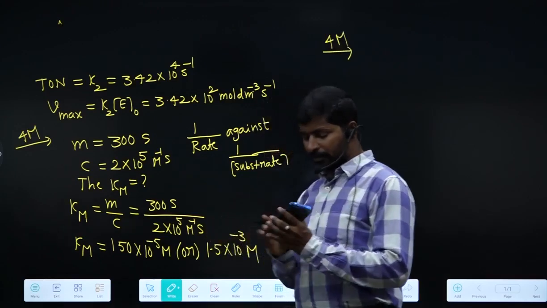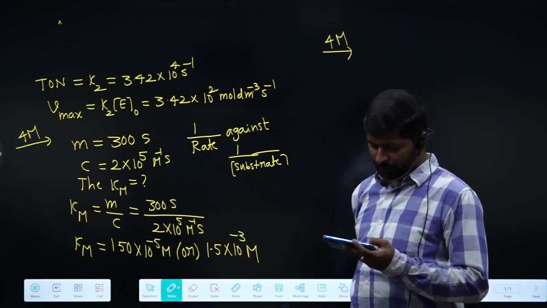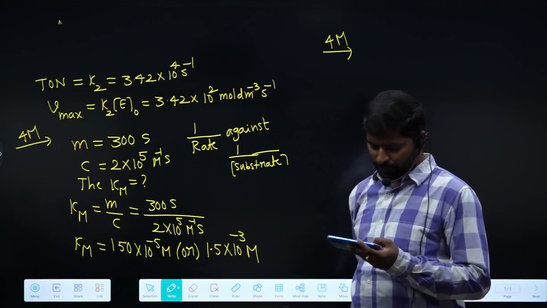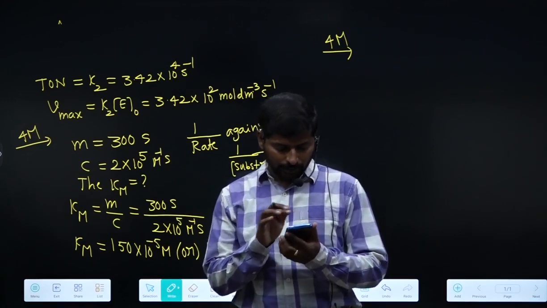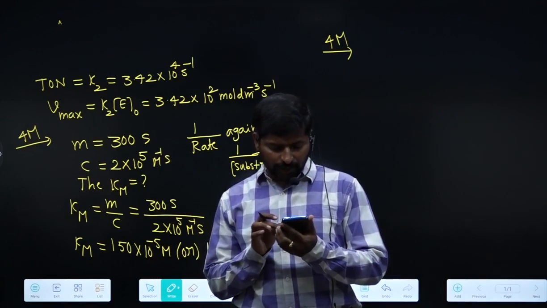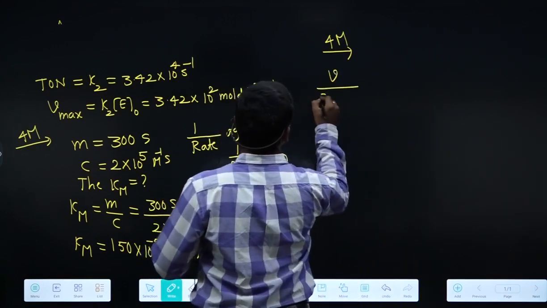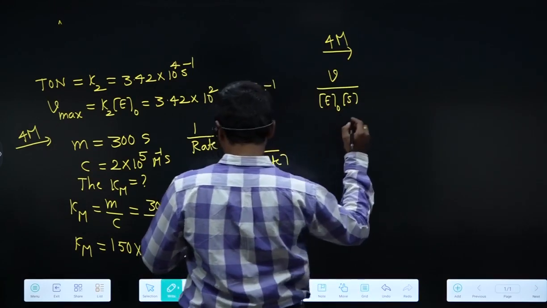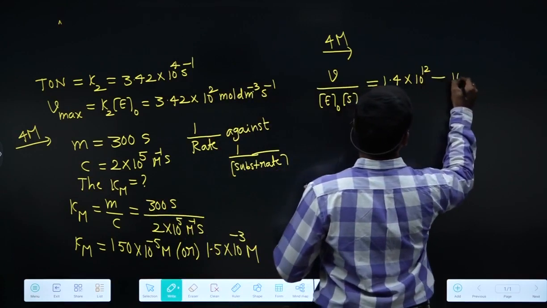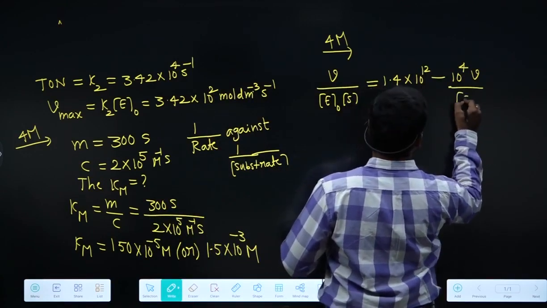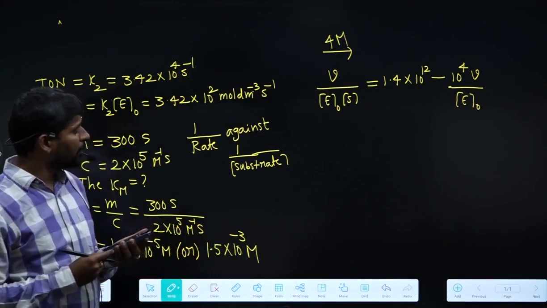In the Michaelis-Menten mechanism for enzyme catalysis, the expression obtained is V by E naught into S is equal to 1.4 into 10 power 12 minus 10 power 4 V by E naught.